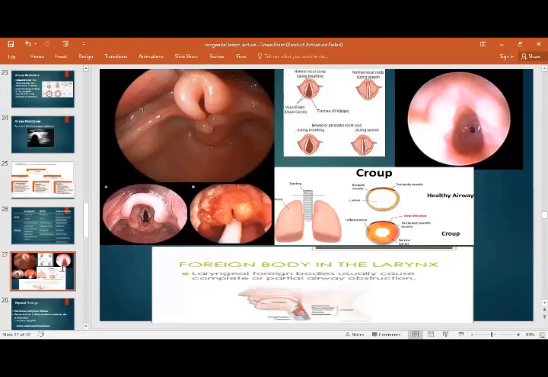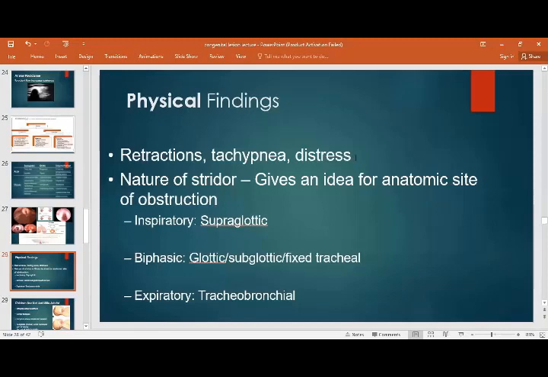Now, what are the physical findings? When you go through the examination, what happens? There is retraction, the patient presentation would be distress. And then, of course, the type of stridor will give you an idea of the anatomic site of obstruction.